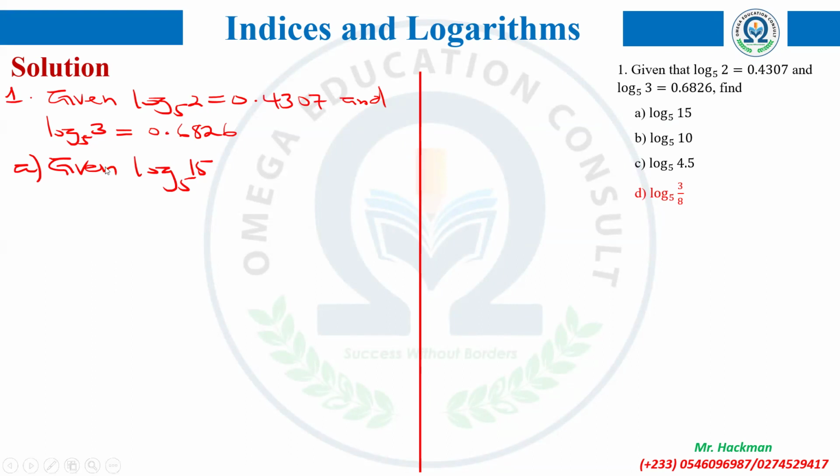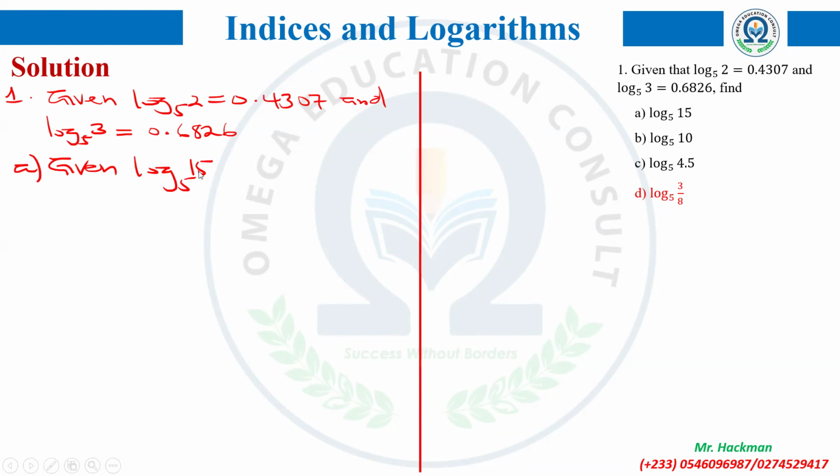You are given base 5, base 5, and this is also base 5, so thank God. You can see that here you are given log base 5 of 2, so the numbers that we are taking log of are given. So you try to express the number that you are taking log of in the question, the one you are supposed to evaluate, using whatever you have there. Write it in that form.